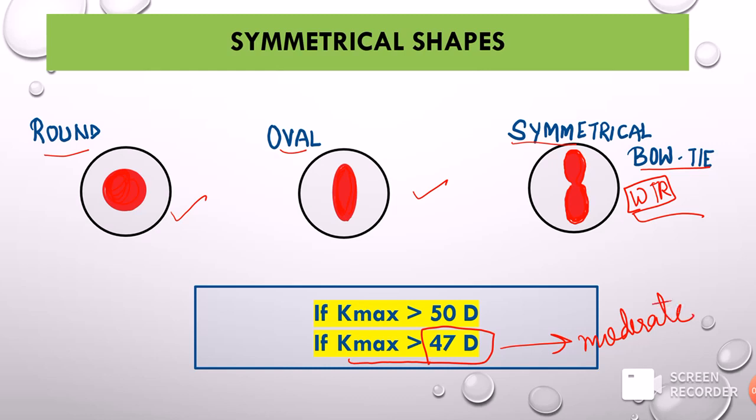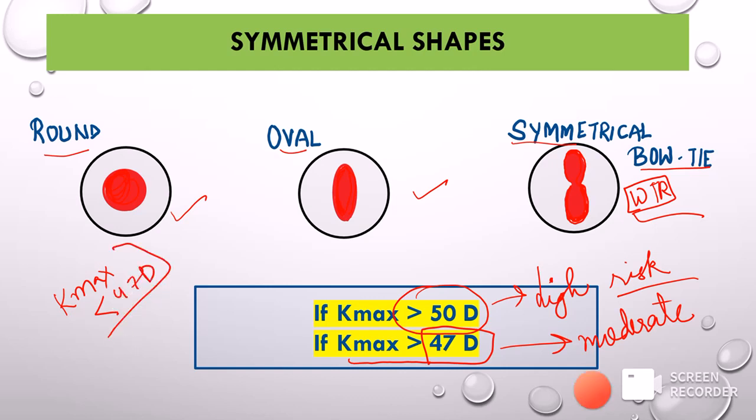Similarly, when the Kmax is above 50, then definitely there is a very high risk of ectasia. So what I mean to say is that symmetrical shapes are good shapes, they are normal shapes, as long as the Kmax reading on topography is less than 47.